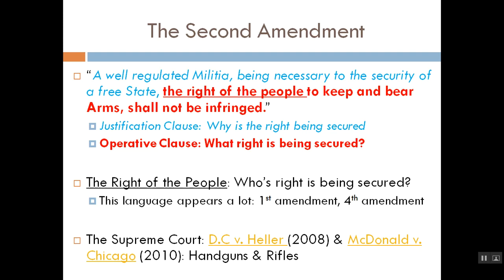And what we're going to discover in D.C. versus Heller is that the court takes a strictly textual approach combined with some in-depth historical analysis. In other words, if you read the opinion of D.C. versus Heller, which you can easily find online, you're going to discover that it breaks down like a grammar lesson.